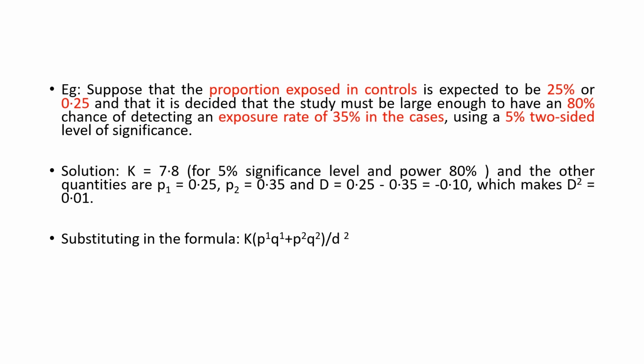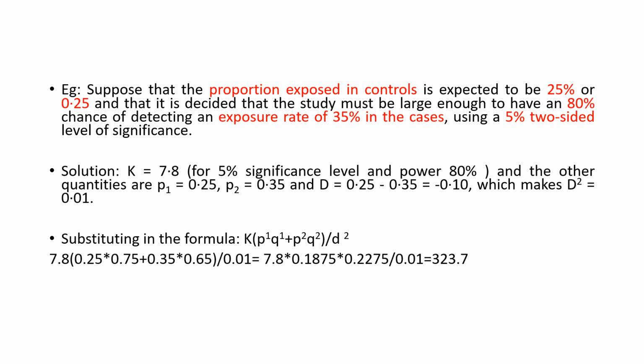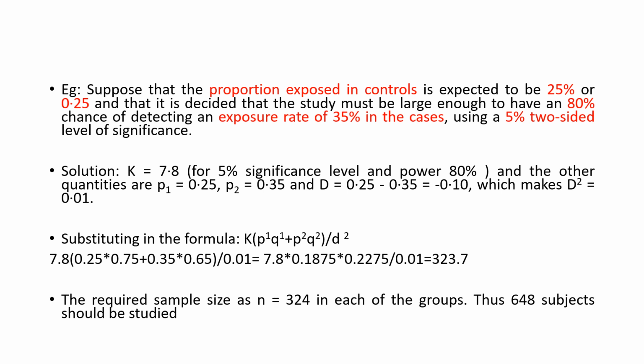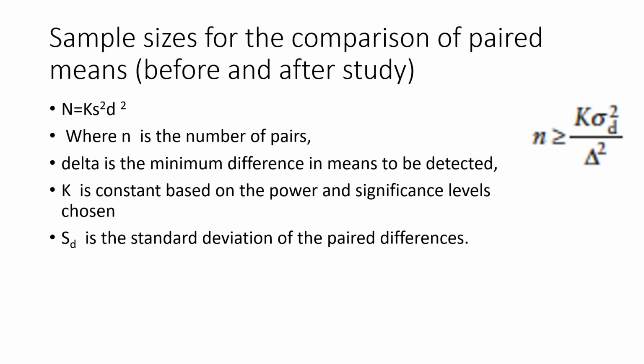The other quantities, once we put in the values: P1 is 25%, that is 0.25, P2 is the exposure rate of 35% in the cases, so it is 0.35. Delta is 0.25 minus 0.35, which is minus 0.10, so delta square is 0.01. Substituting in the formula, you get the sample size as 323.7, rounded off to say 324 subjects or 330 subjects.